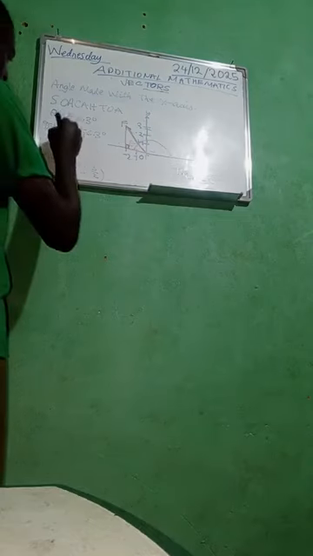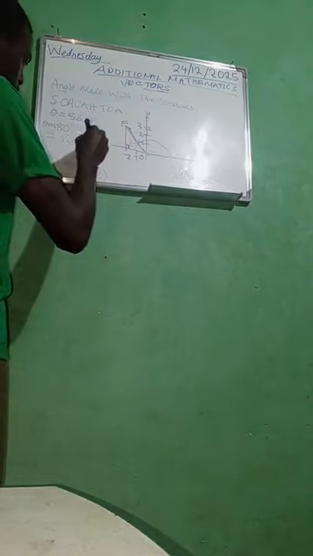So 180 degrees minus 56.3 degrees is, I think, 124.7 degrees. That is your theta. That is the angle that this vector makes with the x-axis.